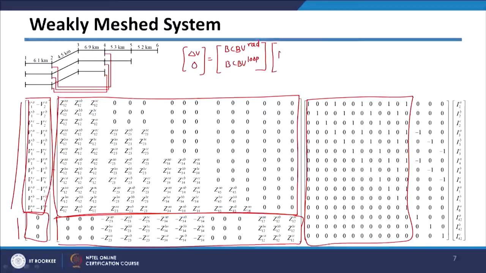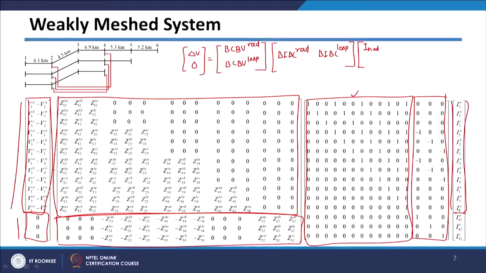So, it will be BIBC corresponding to radial, basically this part, and this part of the matrix here is BIBC corresponding to your loop forming branches, and it will get multiplied with, these are the nodal currents up to this. So, it will be I node, and these are nothing but your branch currents, but of loop forming branches.